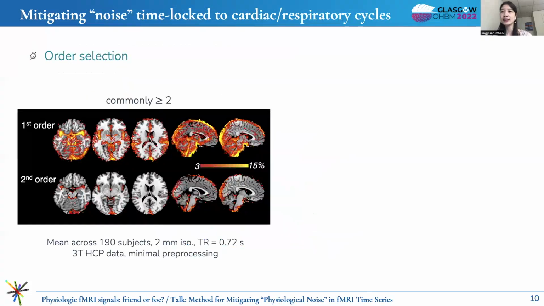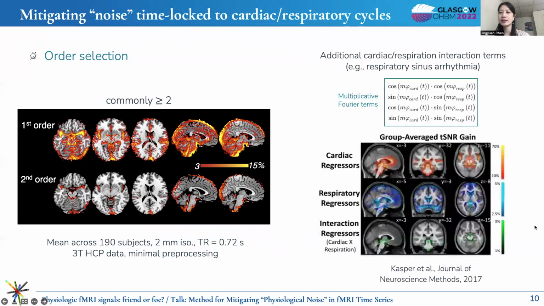And for the selection of order of the Fourier series, most studies will select an order higher than 2. For instance, as shown in the group level characterization here, there is still a considerable variance explained by the second order series. And sometimes we may also consider adding an interaction term to account for potential coupling between respiration and cardiac processes through mechanisms such as respiratory sinus arrhythmia.